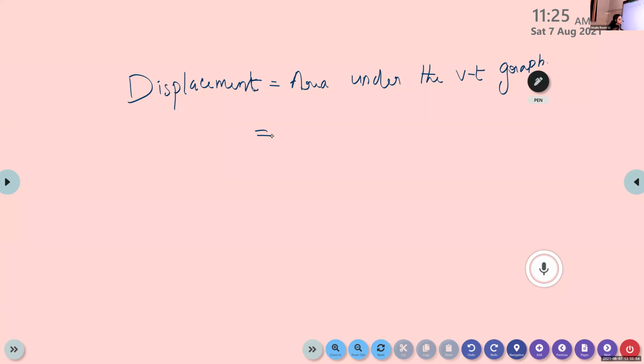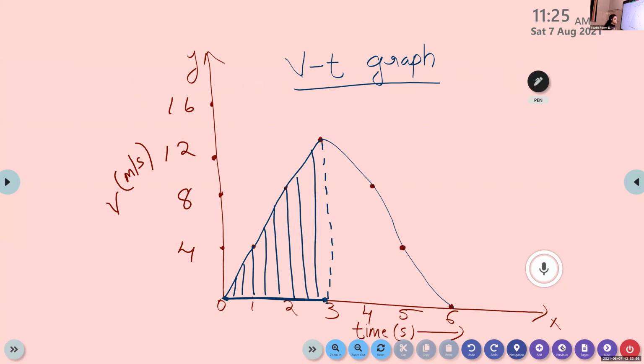That is equal to, so how can we find out the displacement from this velocity time graph? What about the shape of the graph? It's a triangle. Yes, so here we need to consider the area of a triangle, not the rectangle. Since it is a triangle, we need to use the equation for calculating the area of a triangle.